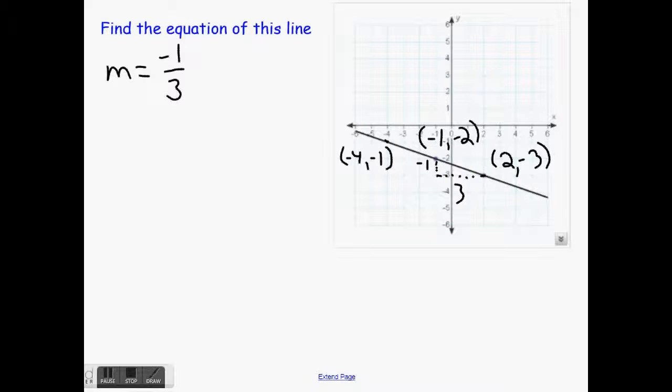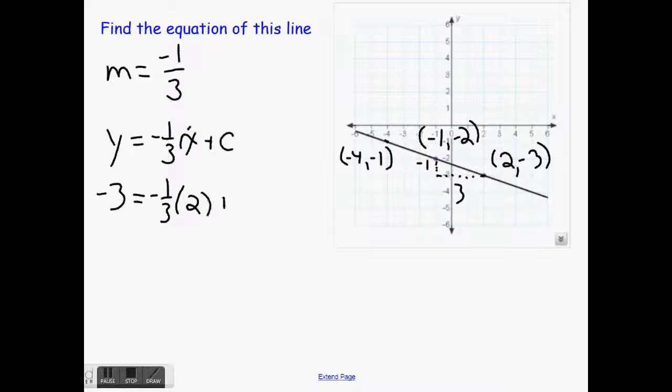Okay, easy part. So y equals -1/3 x plus c. So now I pick a point. And for Carlos, I will pick this point. So y is -3, and -1/3, x is 2, plus c. So I need to solve for c.